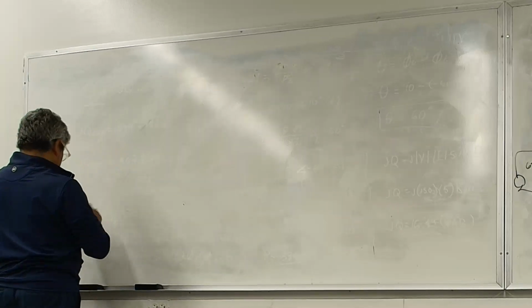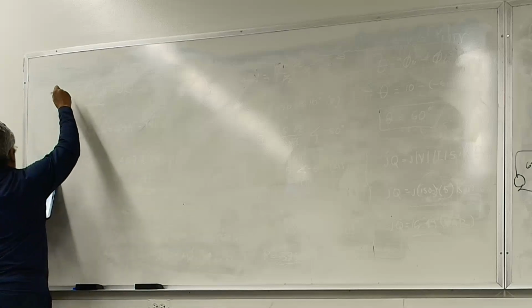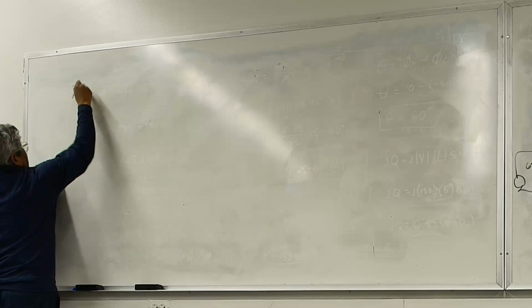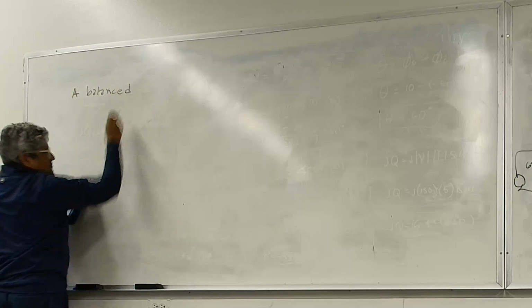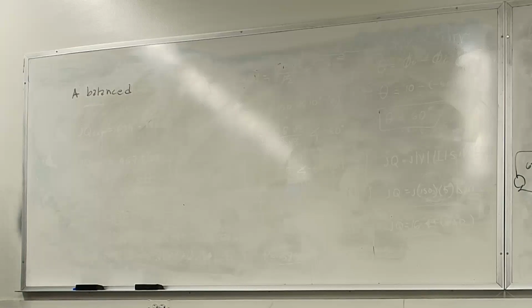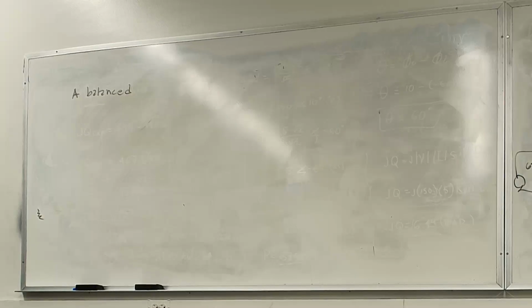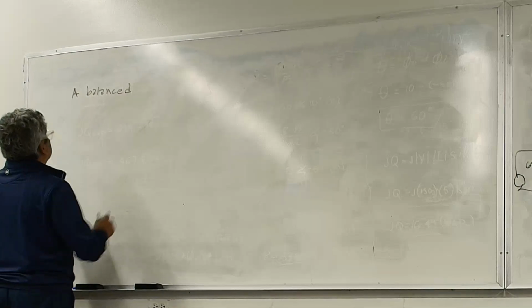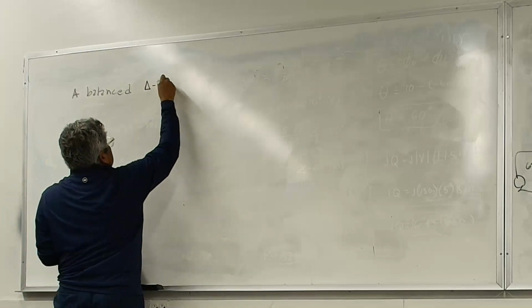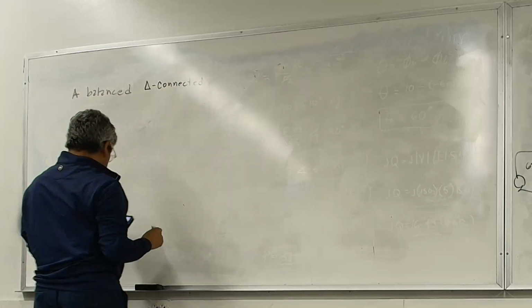This is homework number 4. Homework number 4 says, problem number 1, a balanced delta connected impedance.